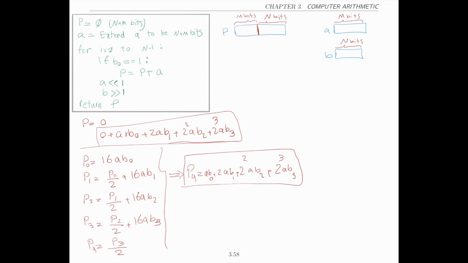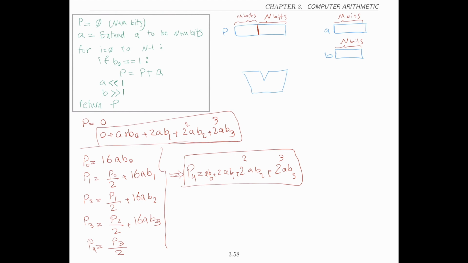Now, if I want to implement the algorithm I have done there, I still need an adder. But there is something very interesting now. Each time we are adding something with 16AB0, 16AB1, 16AB2, and 16AB3.